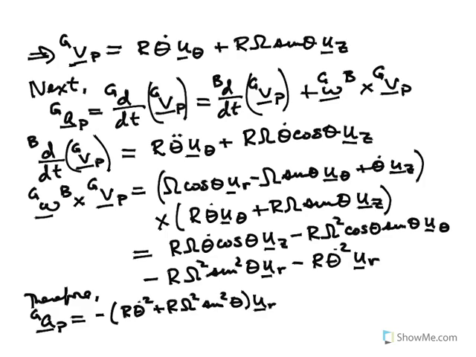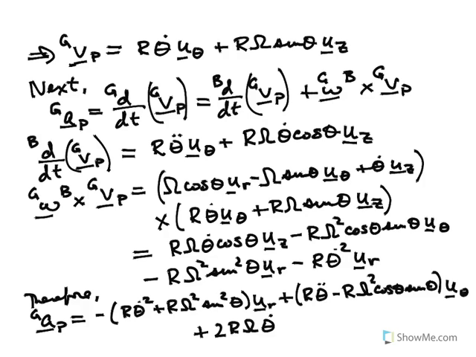And then the terms involving U theta give me plus R theta double dot, and then I've got minus R omega squared cosine of theta times the sine of theta times U sub theta, and then plus 2R omega theta dot times the cosine of theta times U z. And you can see that that last term, I've got R omega theta dot cosine theta, and I have another R omega theta dot cosine theta.